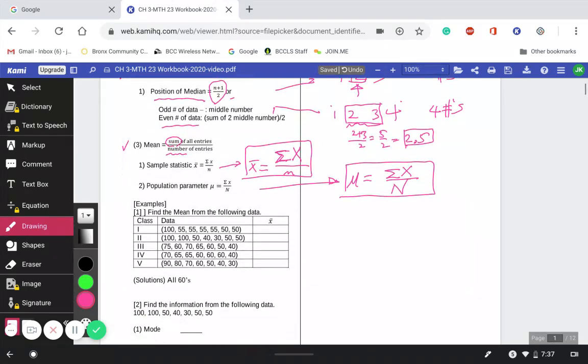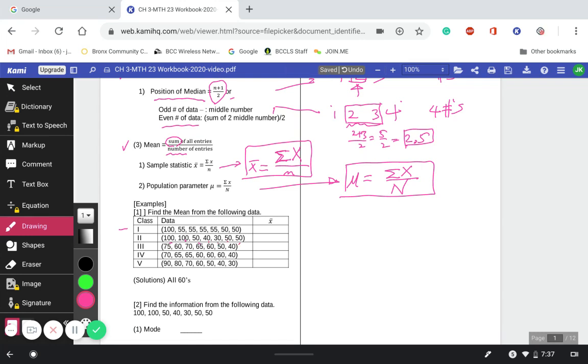So let's look at the examples. You have 7 test scores for 5 classes. In the first class, you have 100, 55, 55, 55, 50, 50. In the second class, you have 100, 100, 100, 100, 50, 40, 30, 50, 50, and on and on.